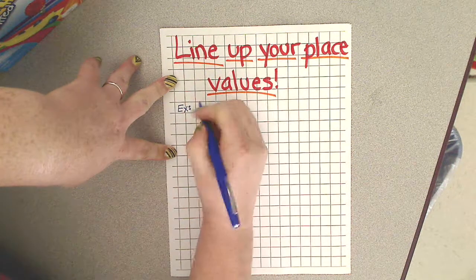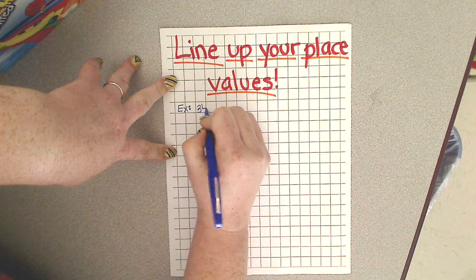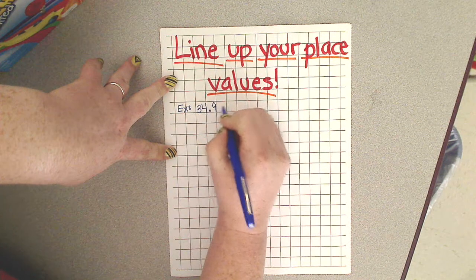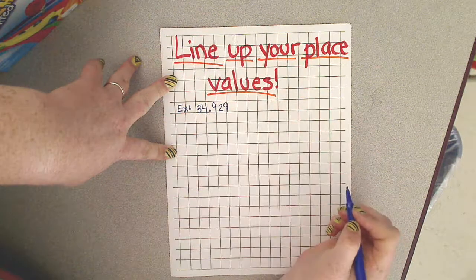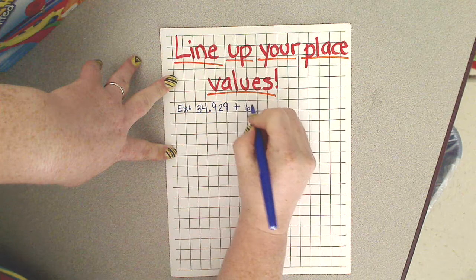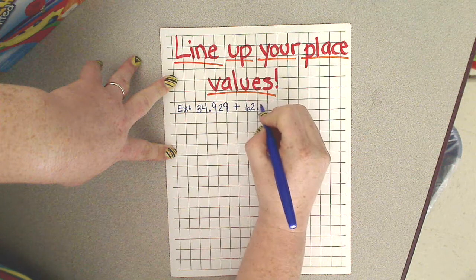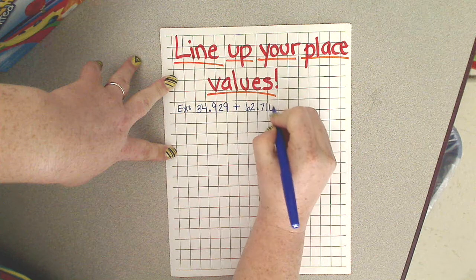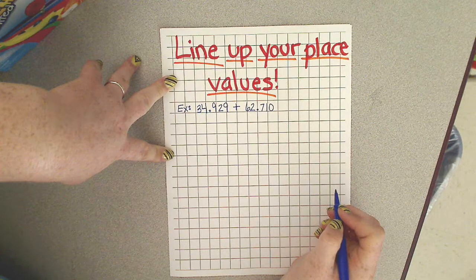So let's start with our first example today, which asks us to add 34 and 929 thousandths plus 62 and 710 thousandths.